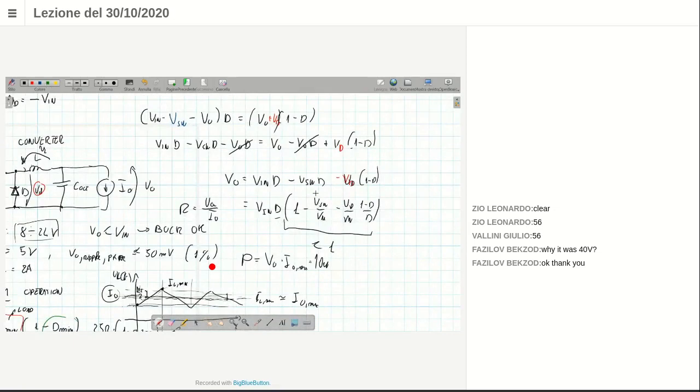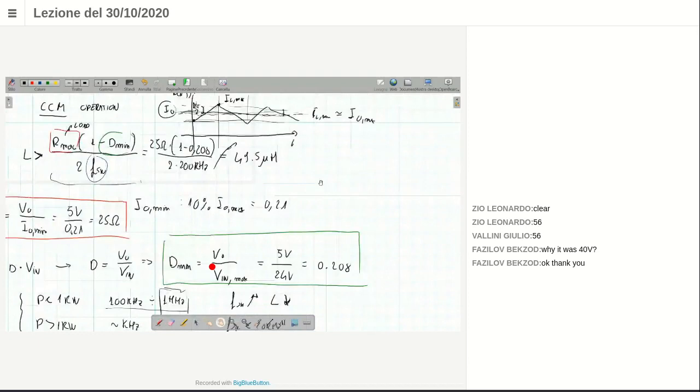Actually, in the expression of the efficiency, you have something like that. You can see that what really matters is the ratio between the on voltage across the switch and the input voltage.